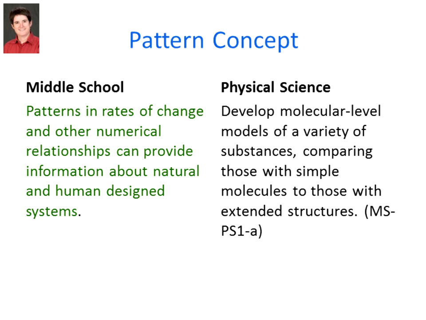So on the left is an example of a pattern cross-cutting concept from the Next Generation Science Standards, so that's why it's in green, since that's the color coding that the NGSS uses. And on the right is a performance expectation that is linked to this pattern in middle school from physical science. So patterns in rates of change and other numerical relationships can provide information about natural and human design systems.